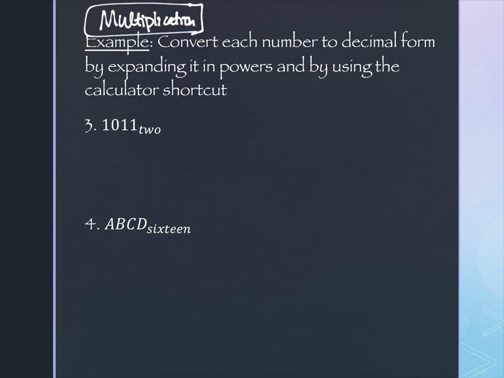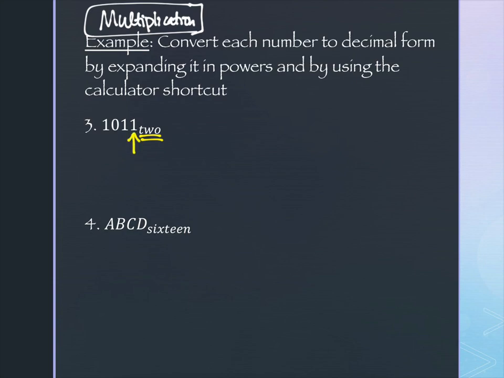All right, so just like when we were looking at expanded algorithms for base 10, remember we wrote 10 to the 1, 10 to the 2, 10 to the 3, 10 to the 4? And we did this with the Babylonians. We wrote 60 squared and 60 cubed and 60 to the 1, not in that order, but yeah. We're going to do the same thing in whatever base we're given. So this is base 2, which means we're going to write each of these numbers within the base they're in, which are going to be powers of 2.